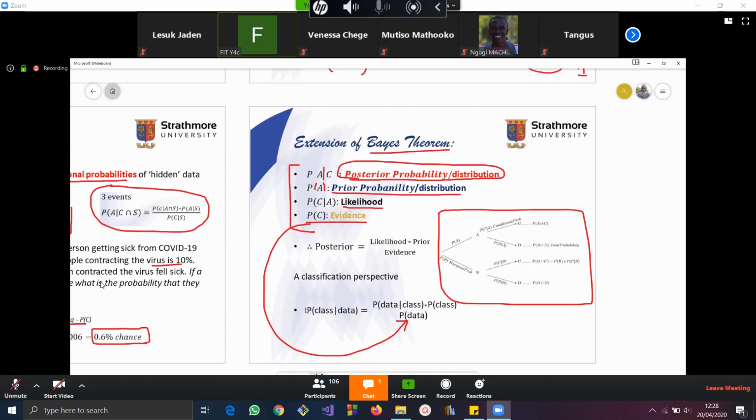And this is what we normally do in supervised learning. We want to find the probability of a class given the data. For example, what we were doing to determine whether a car is fast or not, if you remember that. You don't even need a photographic memory to remember the task we were doing.